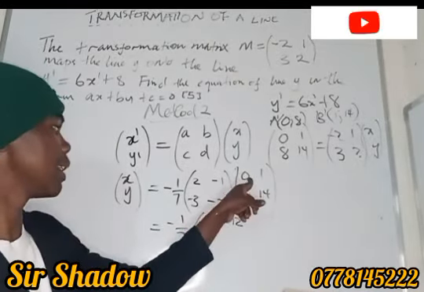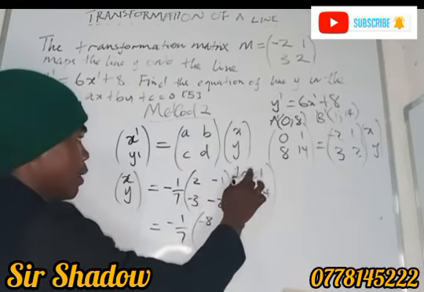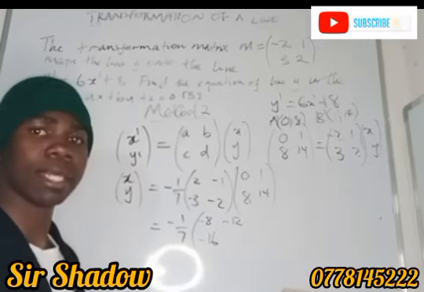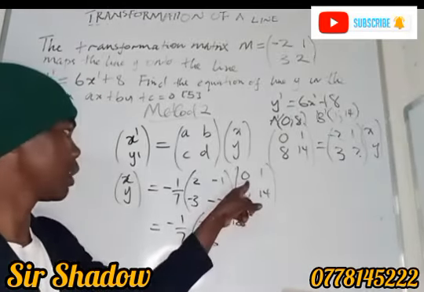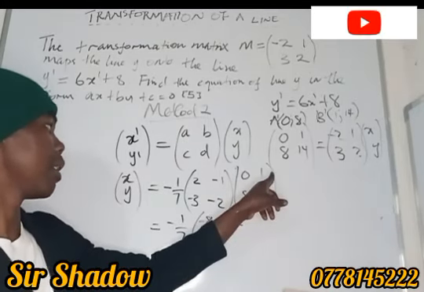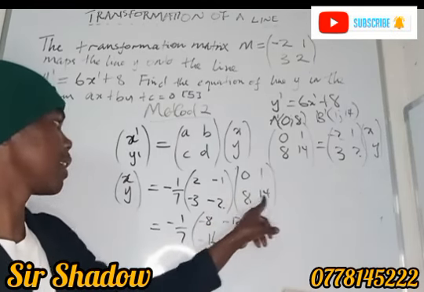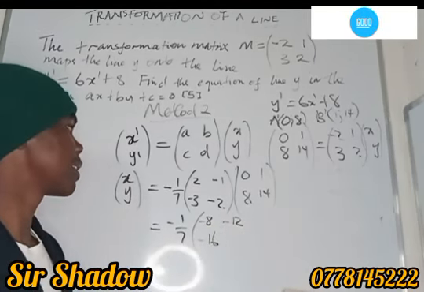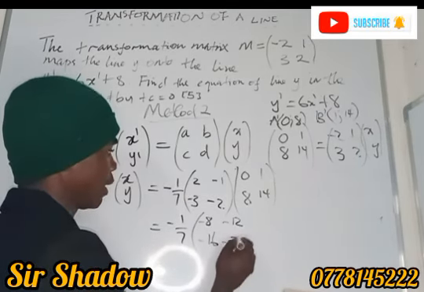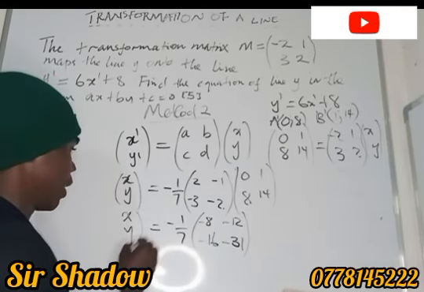Then this one by this one is 0 plus this one, which is minus 16 here, which is minus 2 times 8. This one by this one is minus 3, and minus 3 plus minus 28 is minus 31 here. Then remember we have x and y here.